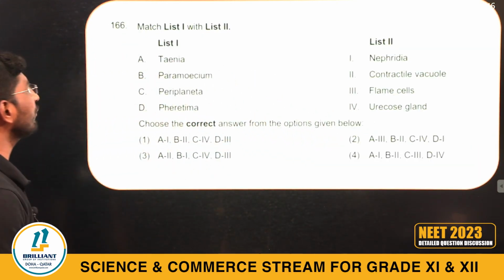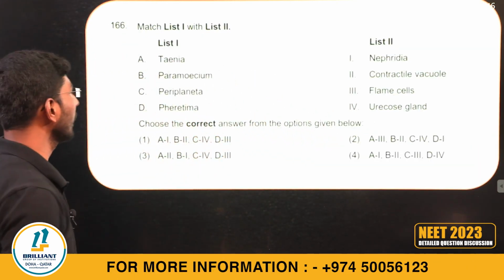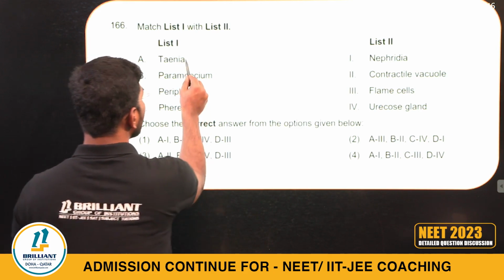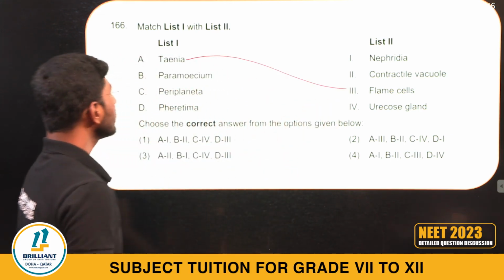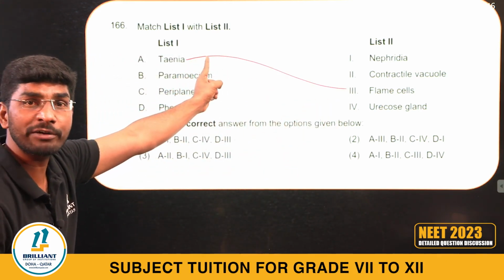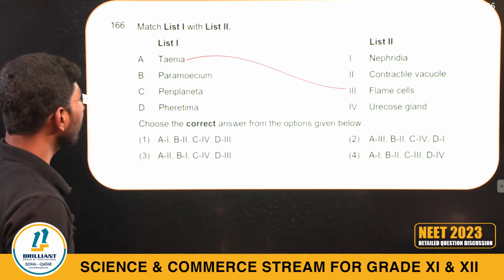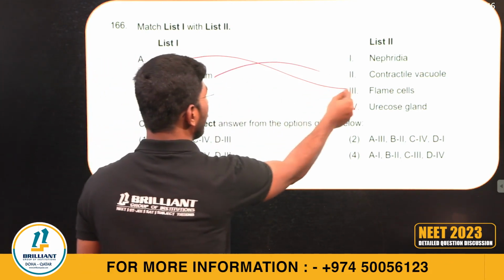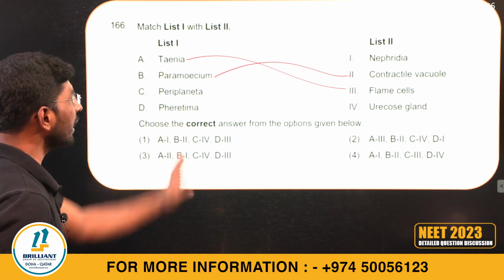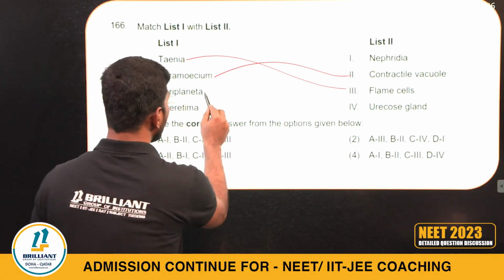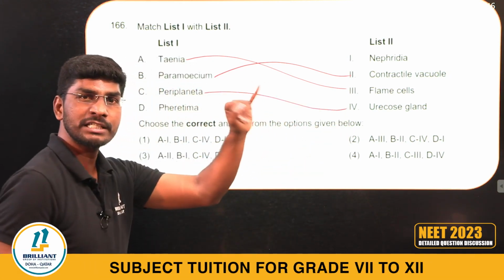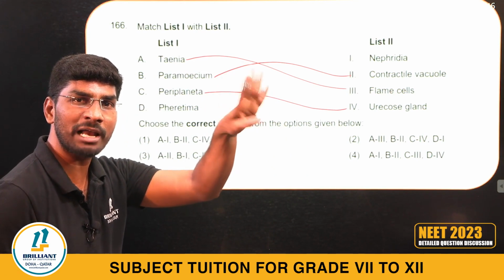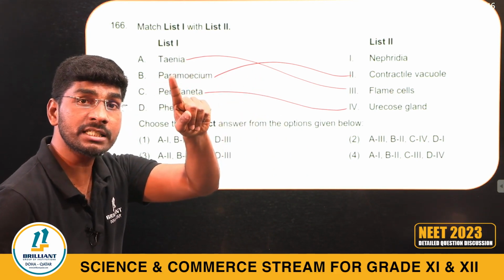166. Match the following, simple question. Taenia solium, flame cells; Taenia solium belongs to flatworms, Platyhelminthes. Paramecium, contractile vacuole, protozoa. Periplaneta americana: uricose glands, fat bodies, nephrocytes, Malpighian tubules are the excretory organs.